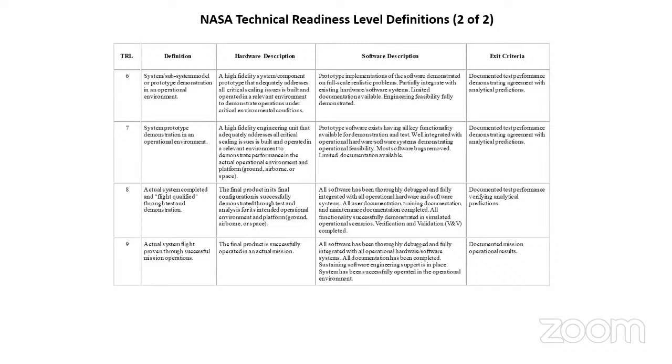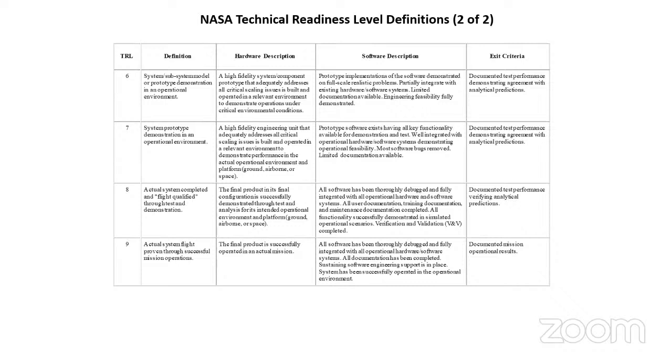The software description is that all software has been thoroughly debugged and fully integrated with all operational hardware and software systems. All user documentation, training documentation, and maintenance documentation is completed. All functionality is successfully demonstrated in simulated operational scenarios. Verification and validation are completed. The exit criteria is documented test performance verifying analytic prediction.